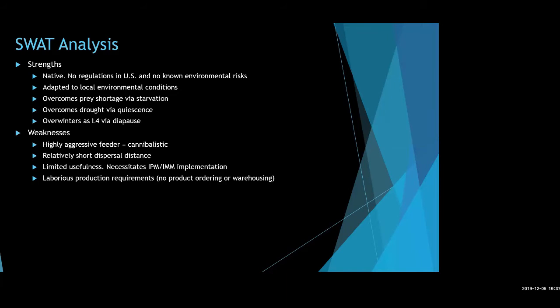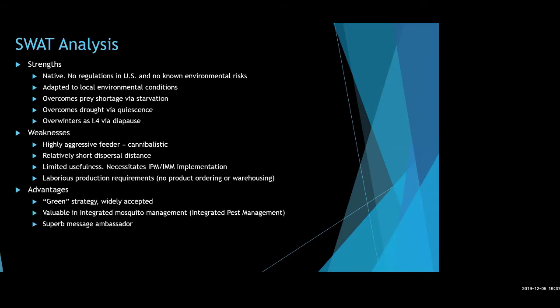And then the real problem is that you can't order Toxorhynchites or Mosquito Assassins out of a catalog or website or anything. And if you could, you can't warehouse them. So the production for their use is still required to be in-house, and that can be quite laborious, requiring dedicated resources to do that.